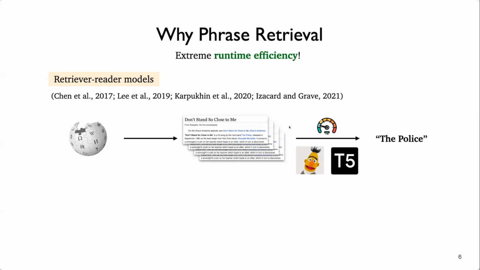These days this second stage reader model is implemented by either a BERT or a T5 model, which contains hundreds of millions of parameters and could take a lot of time in practical use.